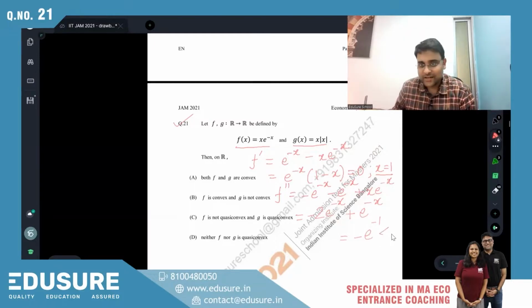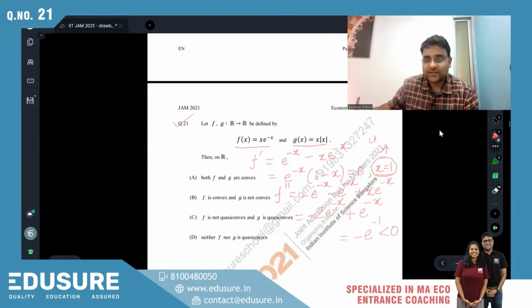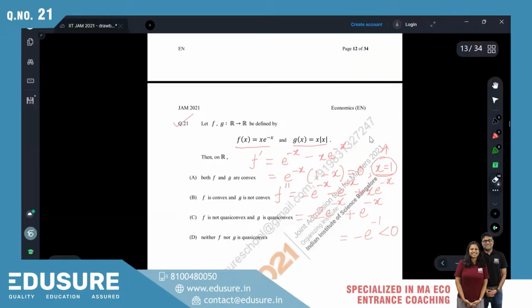So this is negative. That gives me x is equal to 1 is a maxima, not a minima, not a point of inflection, but a maxima. And f'' is negative for the maxima value.